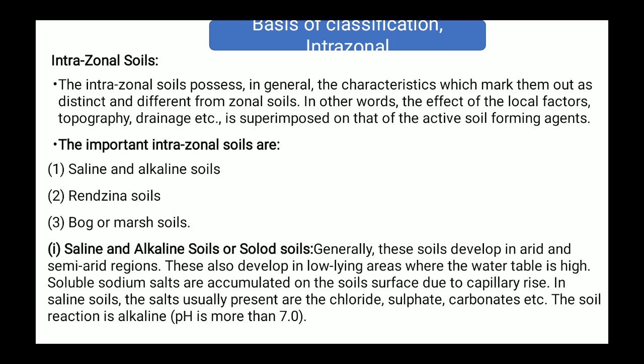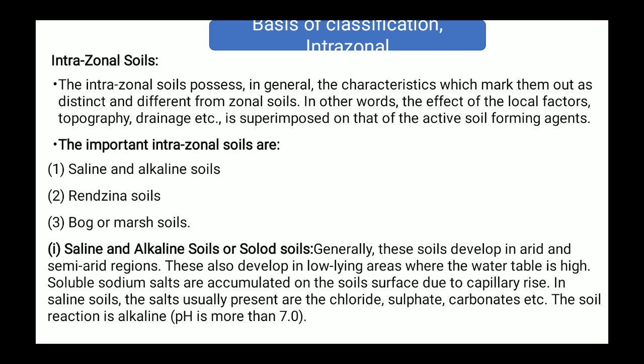First, the saline or alkaline soil. Generally, this soil is developed in arid and semi-arid regions, where the rainfall is very scanty, and in areas where the water table is very high.